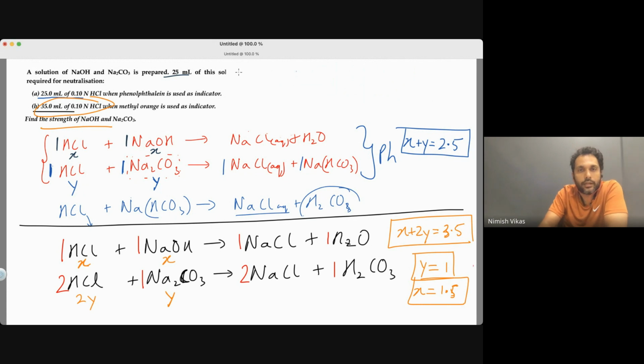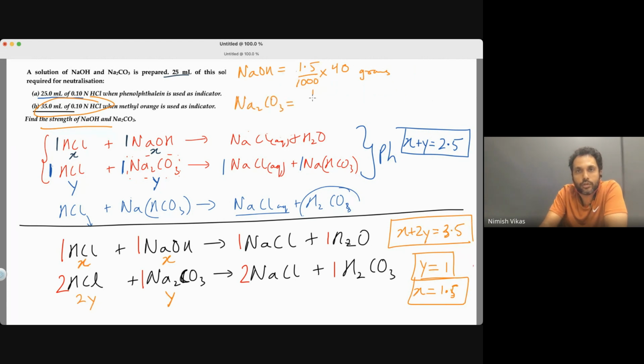So how many grams of NaOH was there? First we'll see the moles. It is 1.5 by 1000 moles into the molar weight. So many grams of NaOH was there. How many grams of Na2CO3 was there?